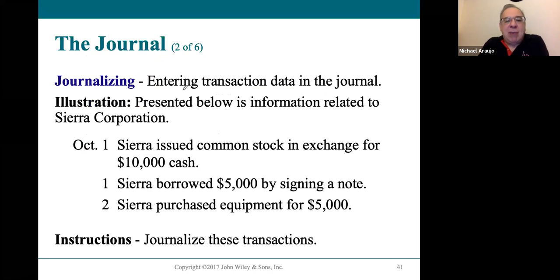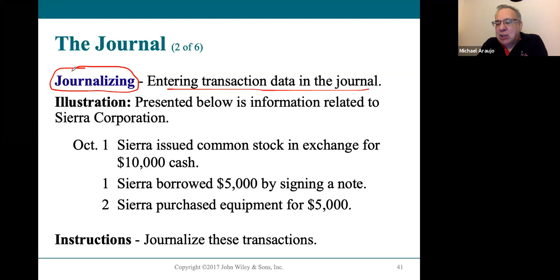The process of writing the transaction data in the journal is what journalizing is. Everything involved in writing the stuff down is called journalizing. And it is a time-consuming process. Again, I've been telling you that since the beginning.